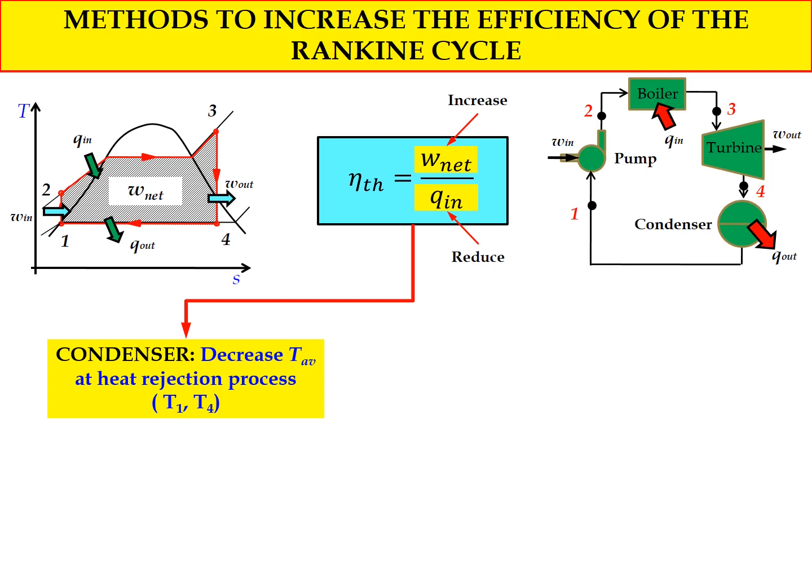For example, if we have two temperatures, T1 and T4, T1 plus T4 divided by 2 gives us T average. If we can reduce one of these temperatures, the average temperature at the condenser will reduce. When the temperature during heat rejection reduces, the value of W net will increase.